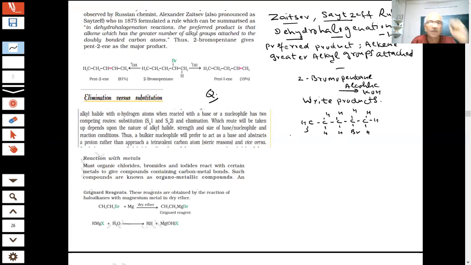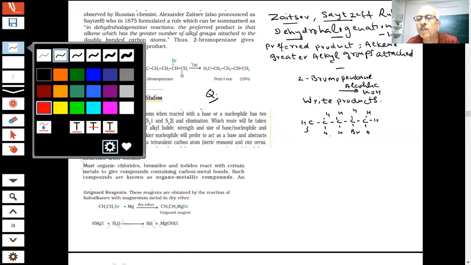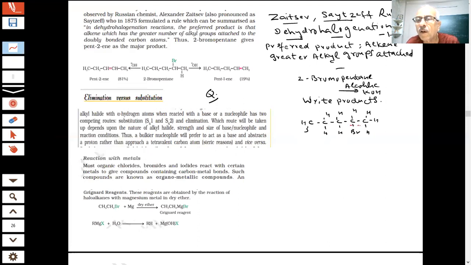Okay? How many beta hydrogens are there, students, in this case? How many beta hydrogens? You have seen this carbon. This is a halogen. So this carbon is alpha. This is a beta carbon. This is also a beta carbon. These two. Clear?